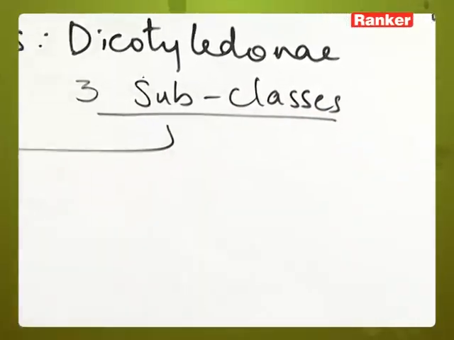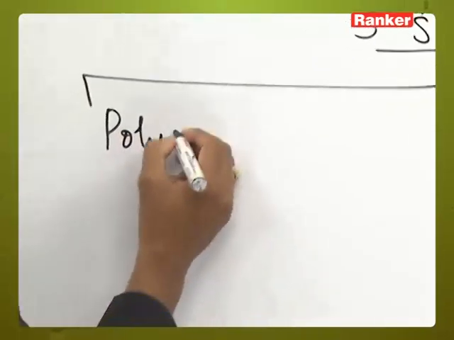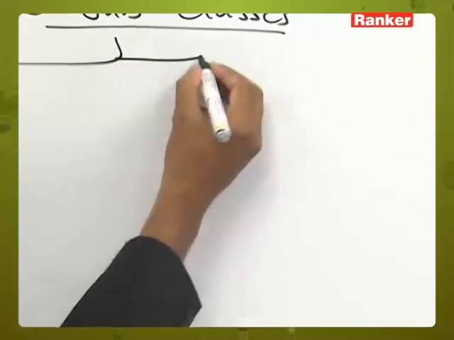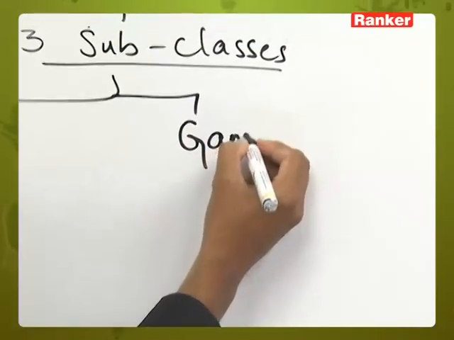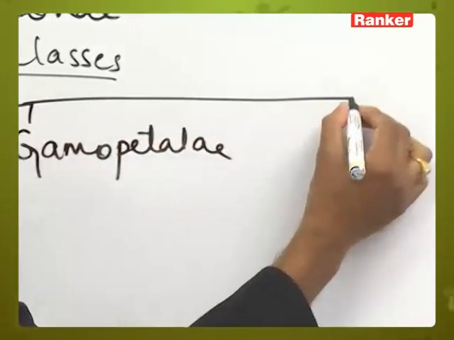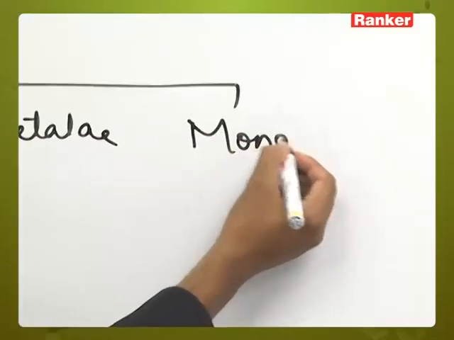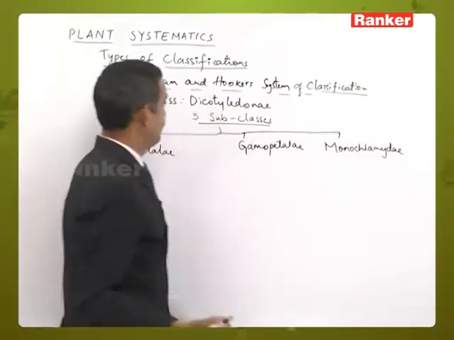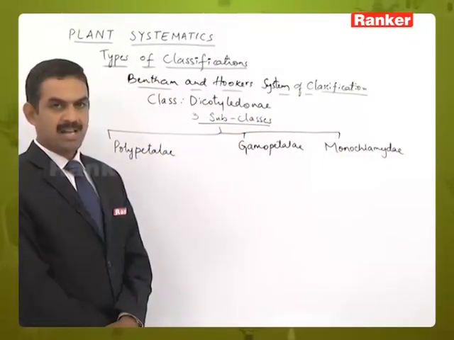So those are Polypetalae, Gamopetalae and Monoclamidae. So under dicots, 3 subclasses are there.